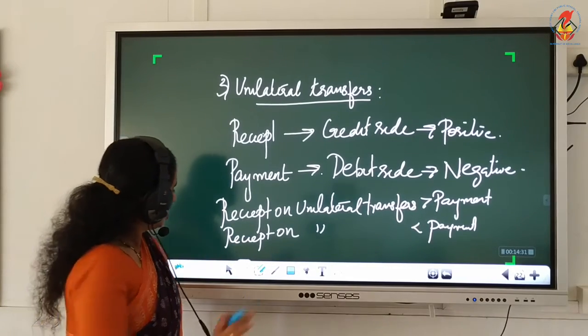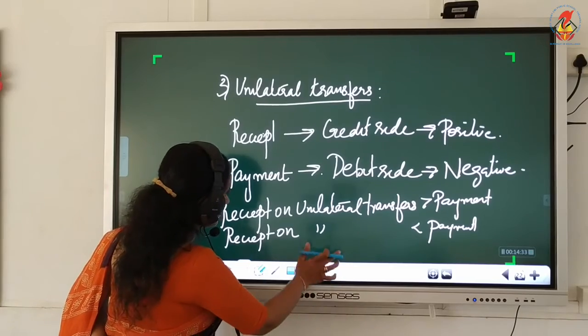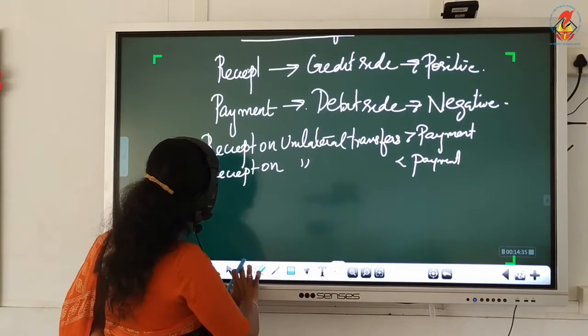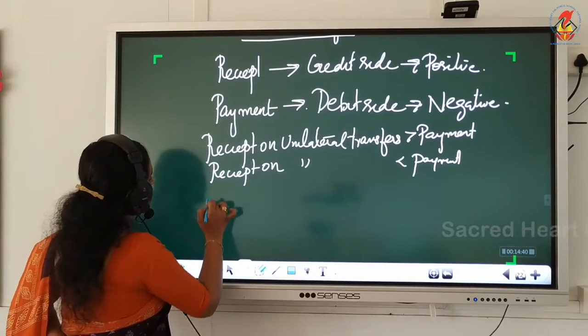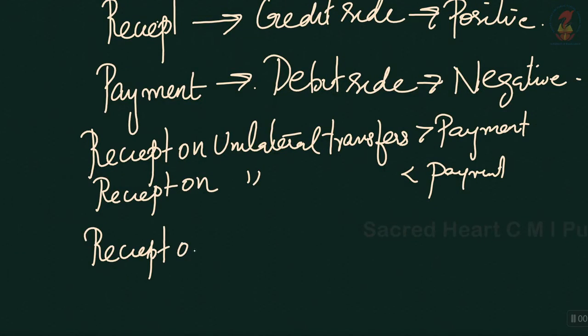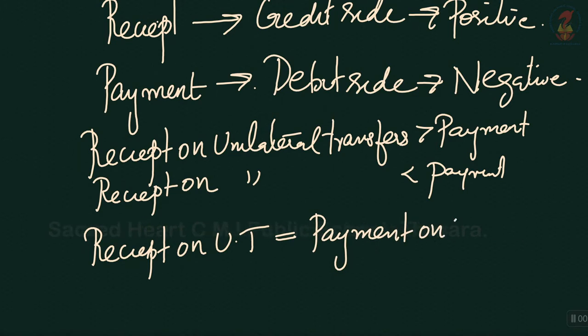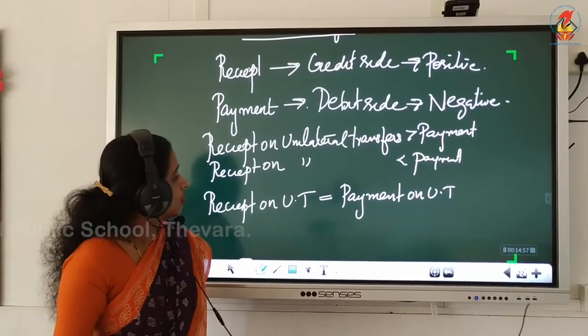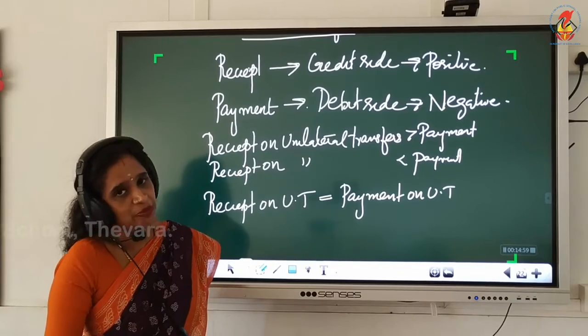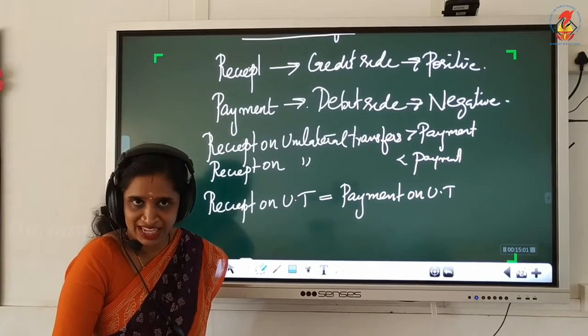So, if there is a balance between these two, that is the one which we have to learn next. Balance between these two means what? Receipt on unilateral transfer, I am writing it as UT, is equal to payment on unilateral transfer. That means a balance of receipt and payment of unilateral transfer is maintained here.